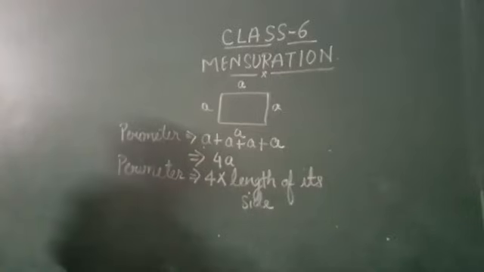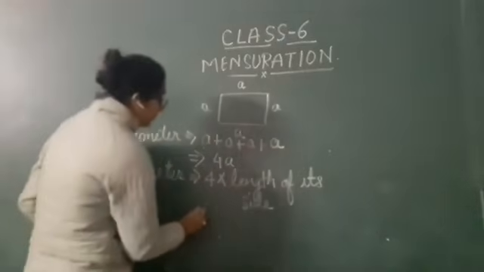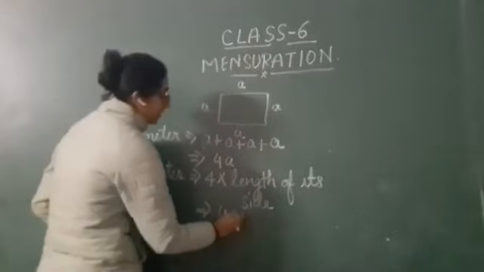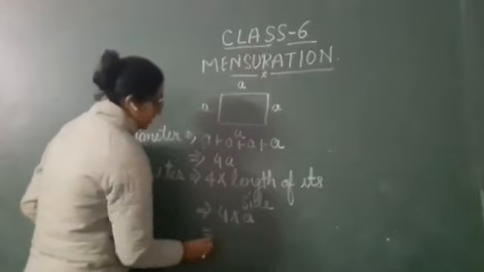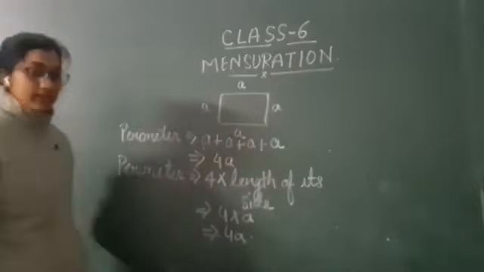So if the perimeter is given as 4 into the length of its side, and the side is 8, then we have to do 4 into 8, that is 32.